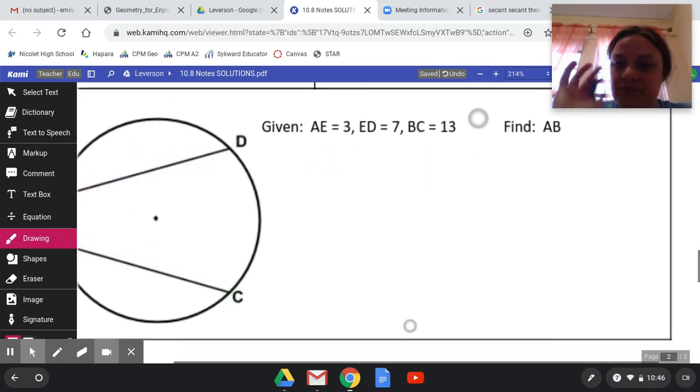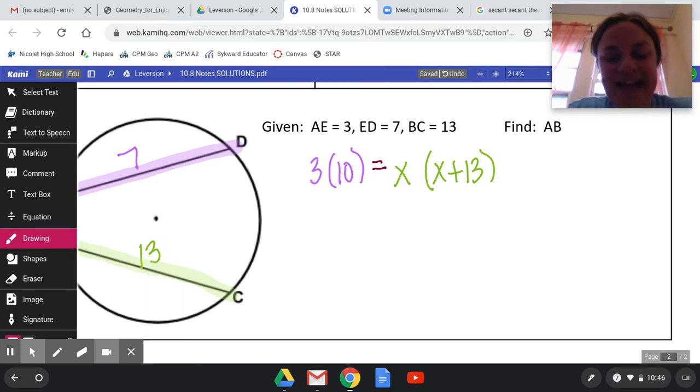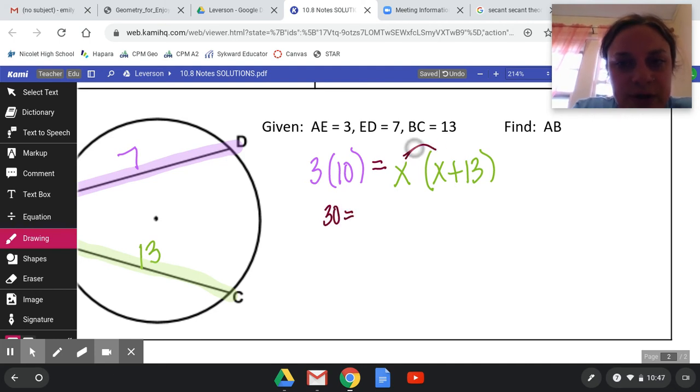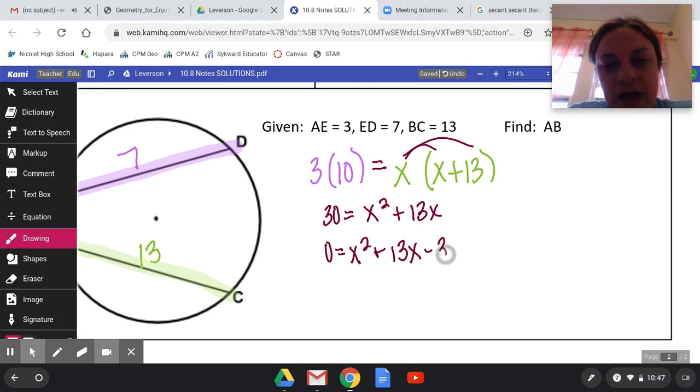And now I am just once again going to be doing some basic algebra. 30 is equal to, distributing this in, X squared plus 13X. It's a quadratic, so to solve it, I need it to be equal to 0. And once again, my X squared is positive, so I'm going to keep it positive. I'm going to subtract the 30 from both sides. 0 is equal to X squared plus 13X minus 30.